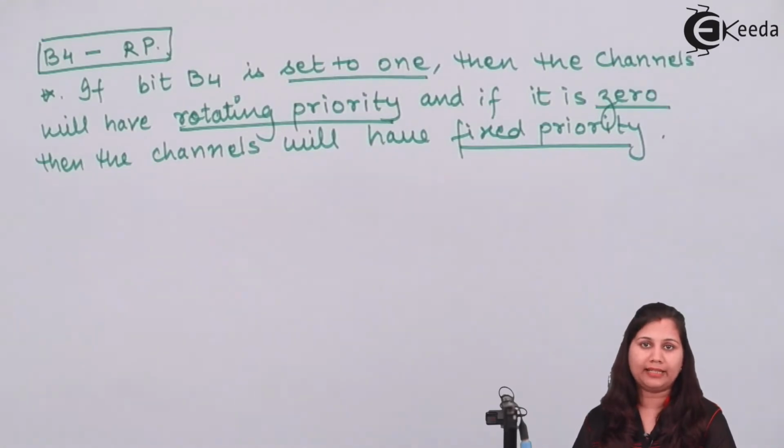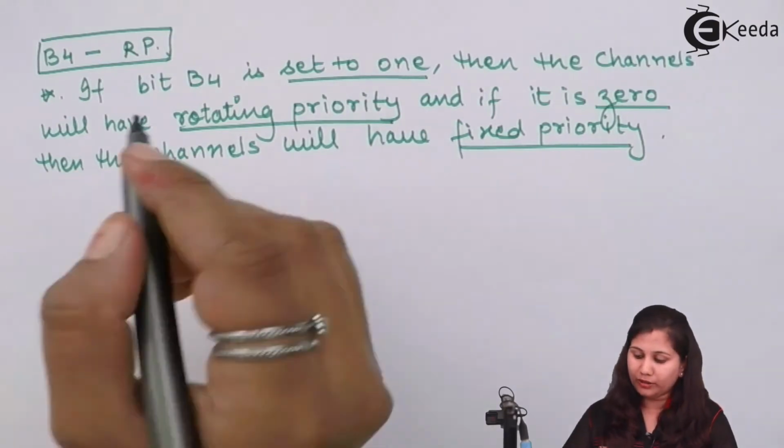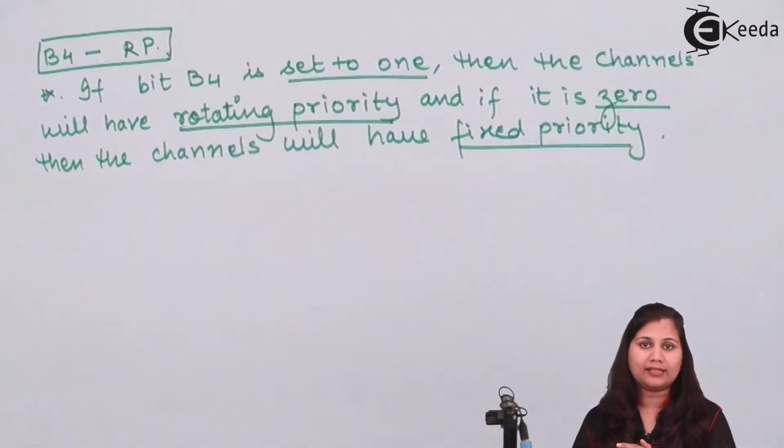That will be decided by the priority of the input output devices or the priority of the channels. So in the rotating priority, the priorities of the channels are rotated from time to time, whereas in the fixed priority mode, the priorities of the channels are fixed, and according to that priority, the data is transferred.